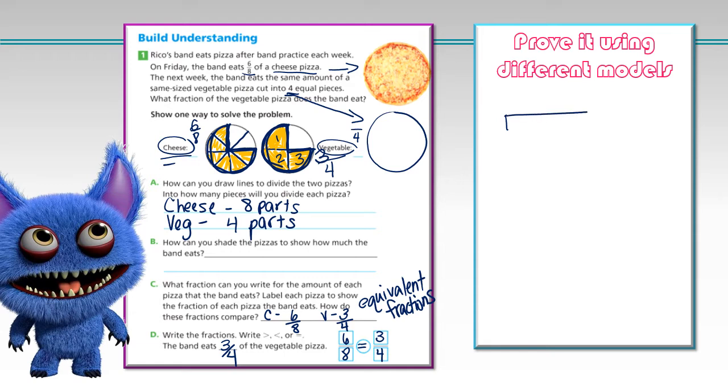So if you're going to draw your bars, you can draw 2 bars and make sure that you line them up on top of each other so it's easier to see that they're the same size. And it's really important to label them. So this one is going to be my cheese and this one's going to be my vegetable. Okay, and I know that for my cheese, I'm breaking it up into eighths. So I'm going to split it in half.